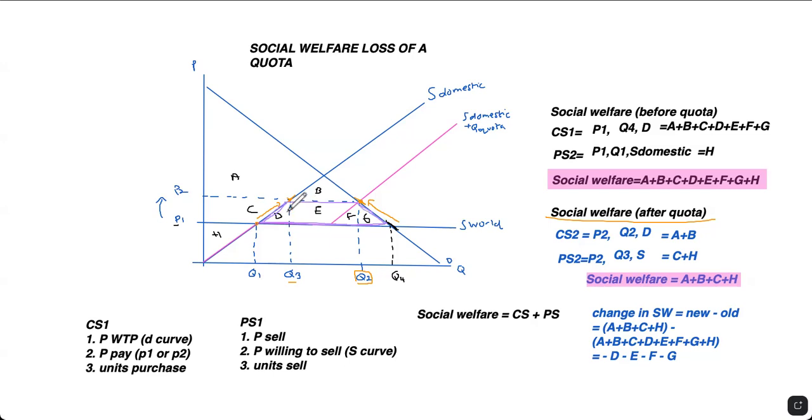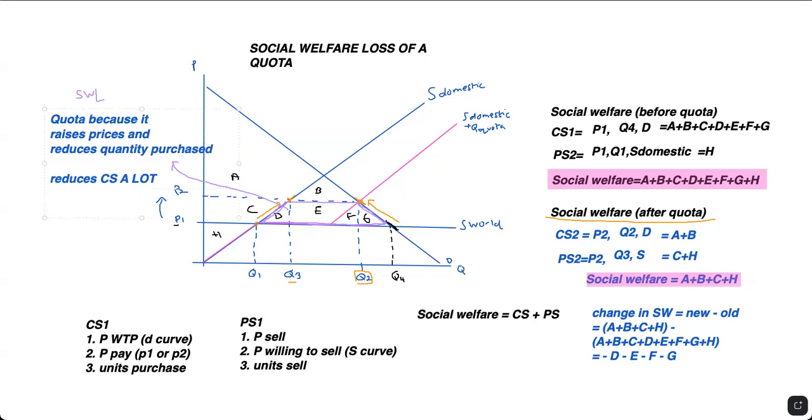This is the social welfare loss due to a quota. And the long story short explanation for that is the quota, because it raises prices and reduces quantity purchased, reduces consumer surplus by a lot. And yes, it increases domestic producer surplus, but not by as much.